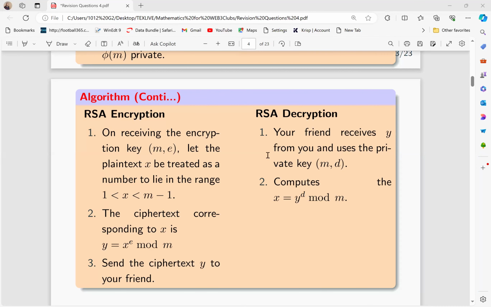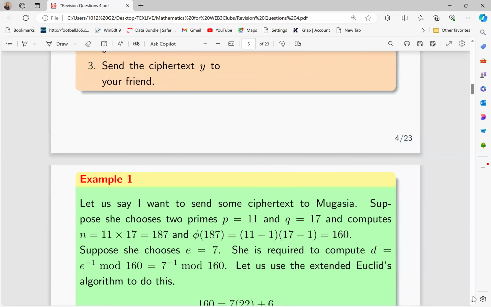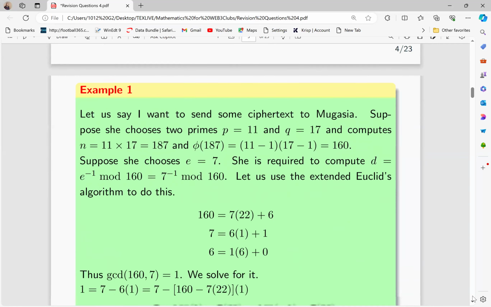Okay, let me take you through examples of why we now want to make those keys. Let's say that I want to send Mugasia a ciphertext. We're supposed to come up with a public key. It's Mugasia's, the one who wants to receive, the one I'm sending the message to.